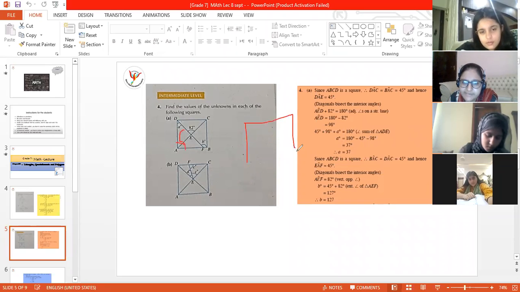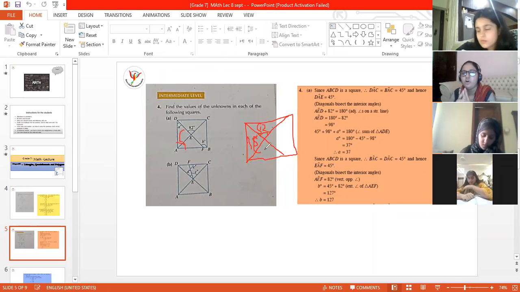But if you can see now, I'm just drawing it, this is 82, this is 98. Now we have a concept of vertical opposite angles. Which angle is vertical opposite?